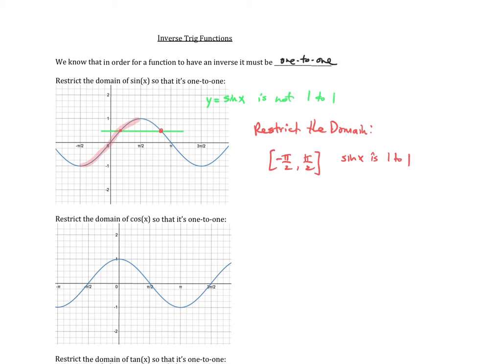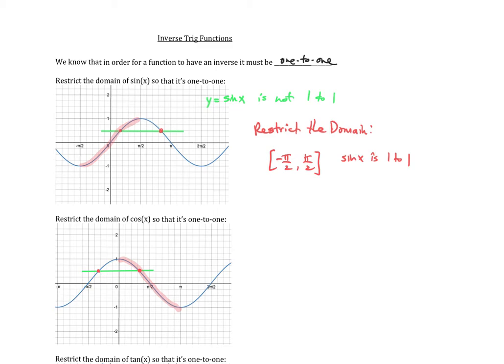Let's do the same thing for the cosine graph. So again, I take this horizontal line here. The horizontal line test tells us that it's not 1-to-1. So that means I'm going to have to restrict my domain again. Let's say that this time I'm going to go from the x value of 0 all the way to the x value of pi.